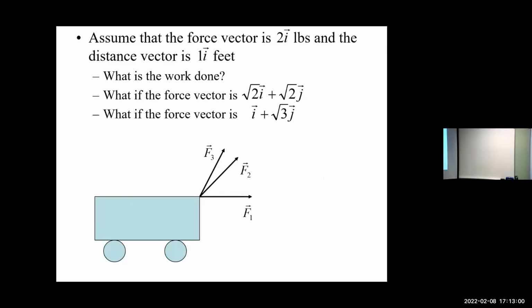The only thing contributing to moving this thing forward is the component of the force vector that's in the direction of motion. We've talked about vectors and breaking them into components. That's what the dot product does. The dot product looks at the component of one vector in the direction of another vector and multiplies those two together. So that's essentially what the dot product does.